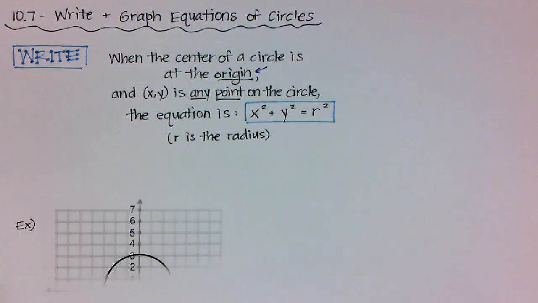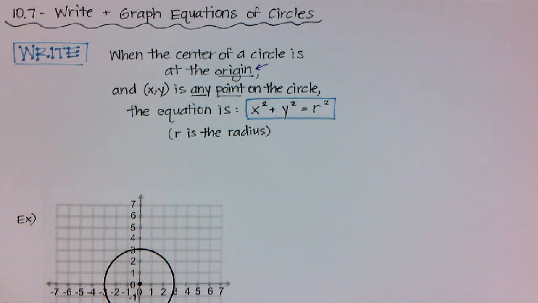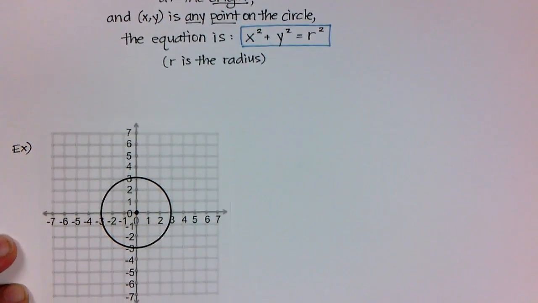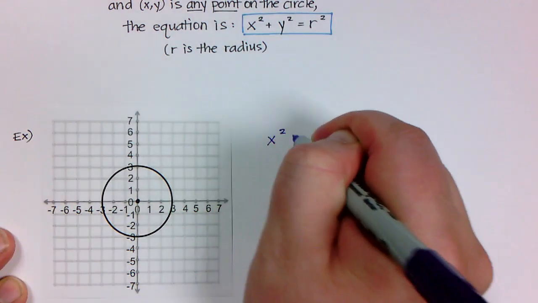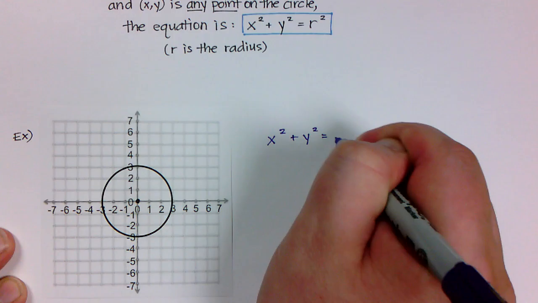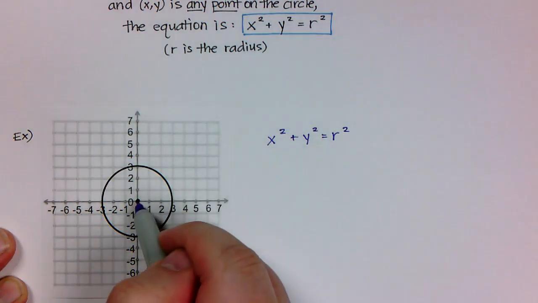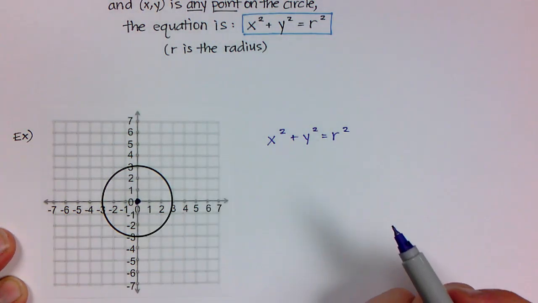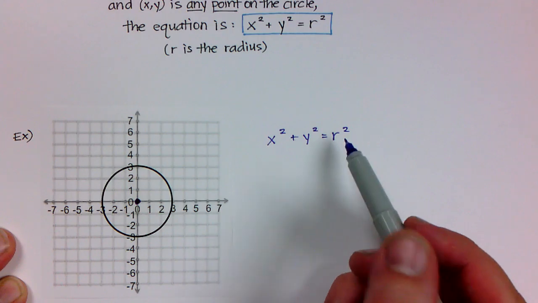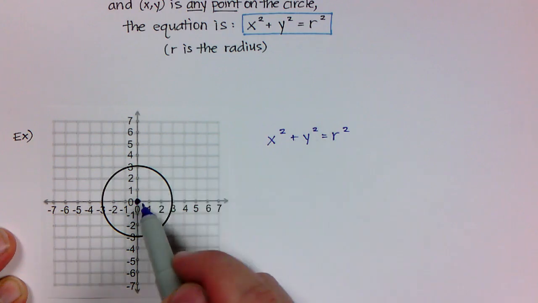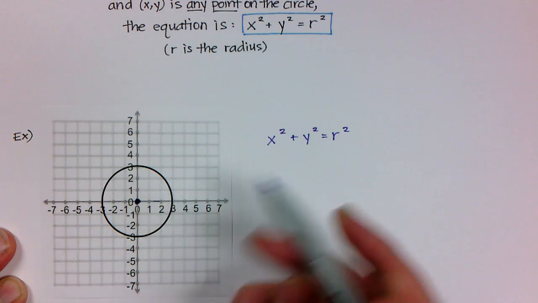So let me give you an example. I have a circle drawn here. If I know the format is going to be x squared plus y squared equals r squared, because the center is at the origin, all I need to find is the radius, and plug it in. So I'm looking here, and the radius looks like it is 1, 2, 3 units.